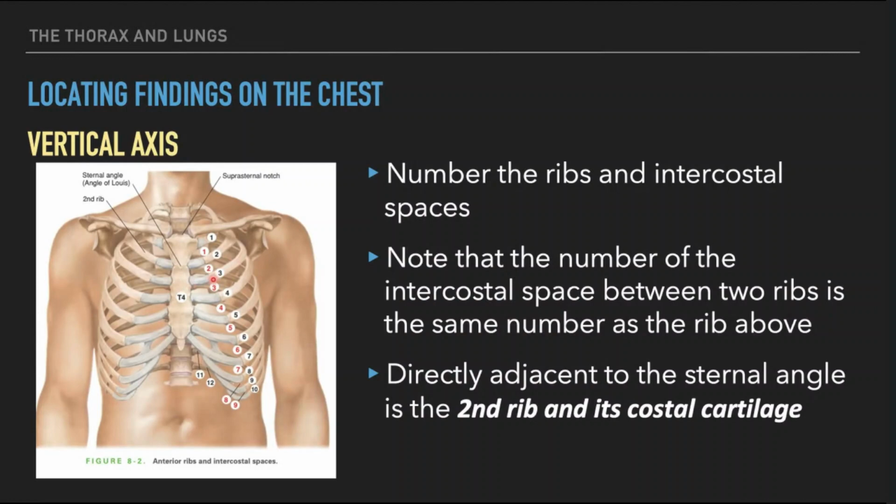So this is the third rib and the third intercostal space. Directly adjacent to the sternal angle, or the angle of Louis, is your second rib. You can try to palpate that now. Try to palpate your angle of Louis and move either to your right or to your left. If you're doing it now, then you're able to palpate the second rib. Below that is your second intercostal space.